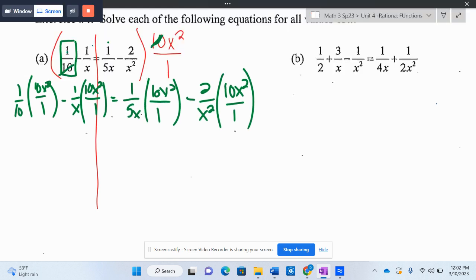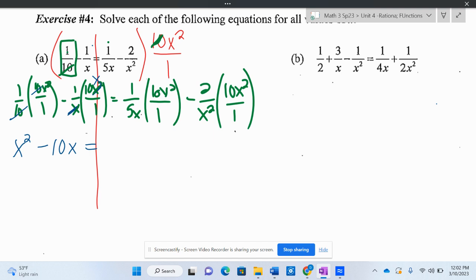Okay, so let's start again. First term, what can I take out of the numerator and the denominator? A 10. Do you guys see that? So that leaves me with 1 times x squared, which is over 1, which is just x squared. That's why we want that. That's why we're canceling out the denominator. What can I take out of the denominator and the numerator on the next fraction? You can take out an x, and that leaves me with what here? 10x. So I have minus 1 times 10x, which is just 10x, equals next fraction.